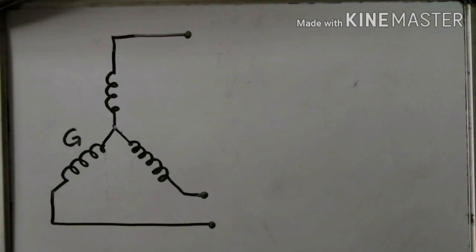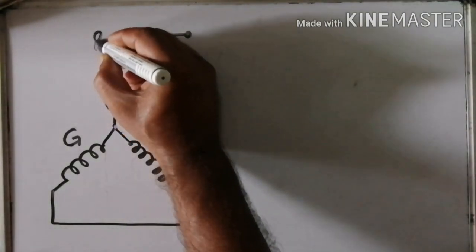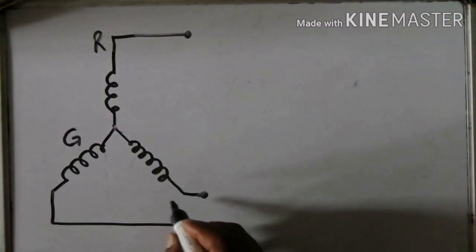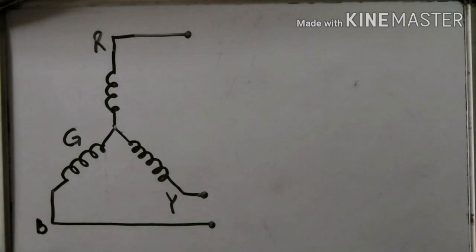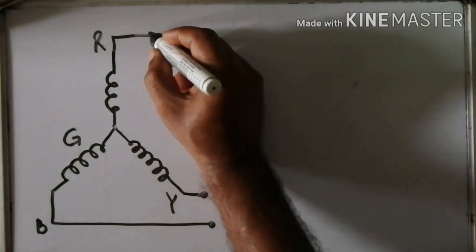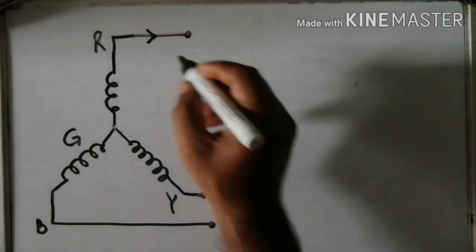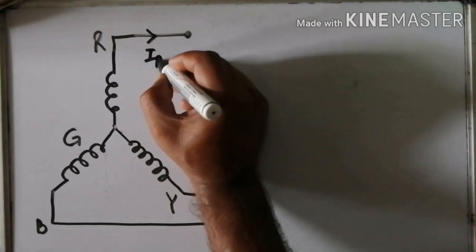This one is the three-phase generator in a three-phase system. This belongs to red, yellow and blue. The current given by this generator is IR.